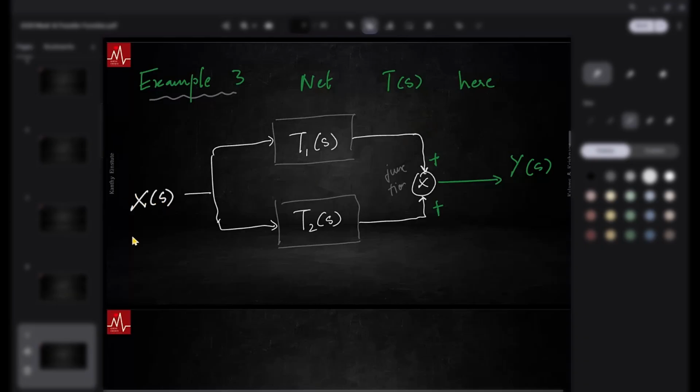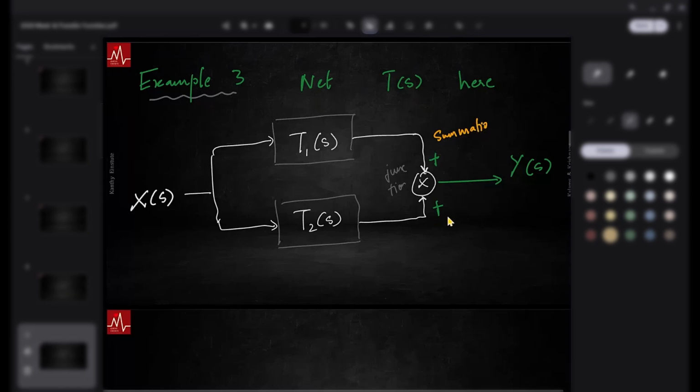What is the net transfer function? All it says is you are taking x, passing it through system 1, and in parallel taking x, passing it through system 2. You are adding the two things. You are not cascading, but summing. There is a summation going on here.